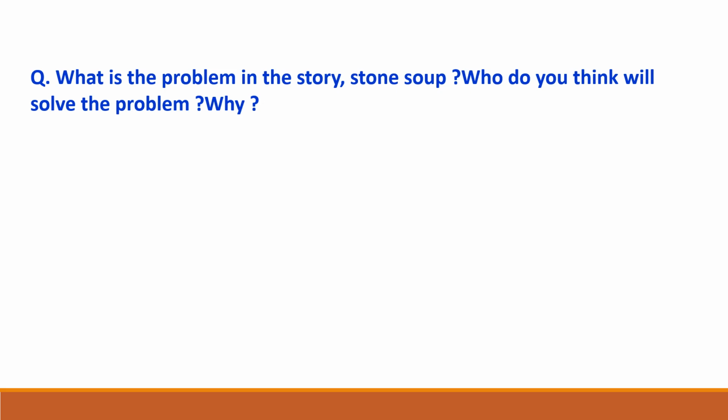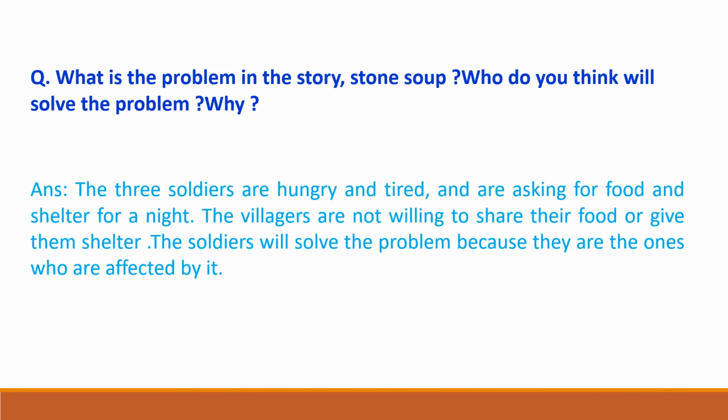Here you can see the three soldiers are hungry and tired and are asking for food and shelter for a night. The villagers are not willing to share their food or give them shelter. The soldiers will solve the problem because they are the ones who are affected by it. Correct?